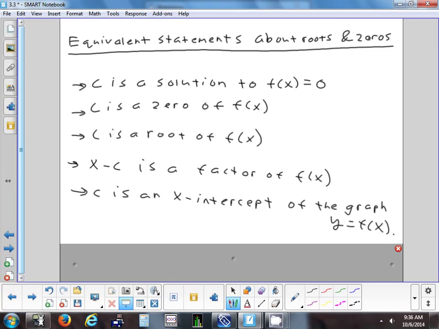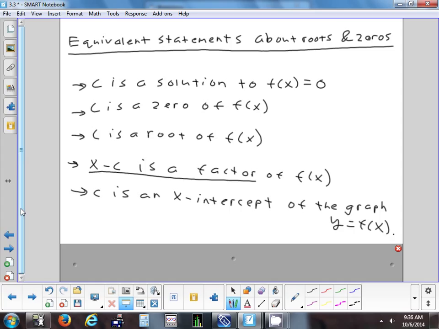Yep? And how do you find if c is a root again? You're going to check if x minus c is a factor. And how do you check if something's a factor? We divide it and we check for what? Remainder of 0. Yep. So if I ask you, is 2 a root of this equation? Check if x minus 2 is a factor.